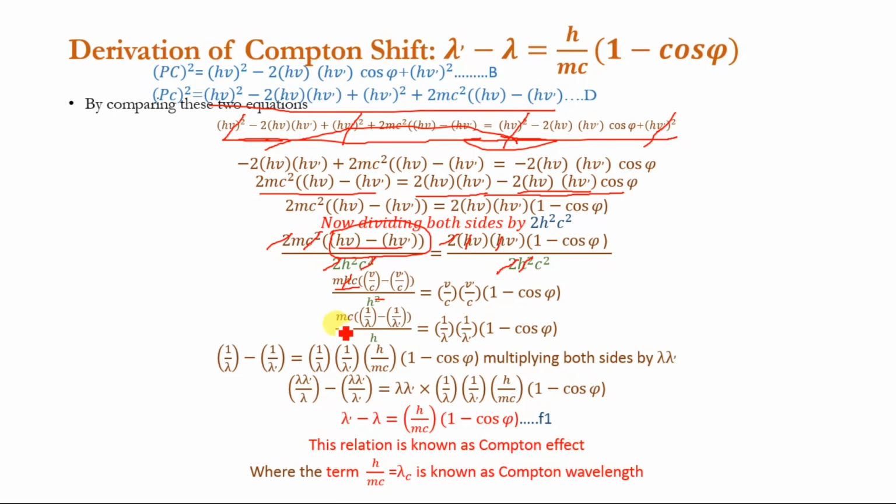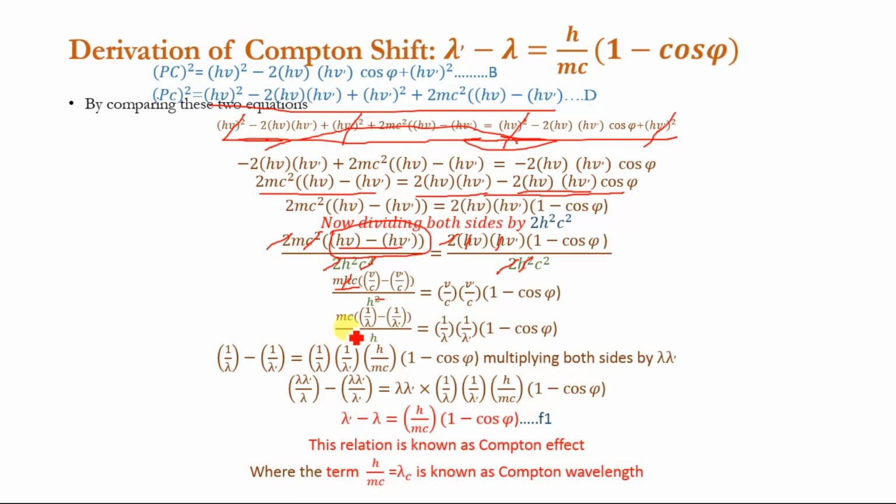Now we have mc (1/λ − 1/λ′)/h is equal to 1/λ′ into (1 − cos φ). Now we multiply both sides by h/mc. This term becomes 1/λ − 1/λ′.